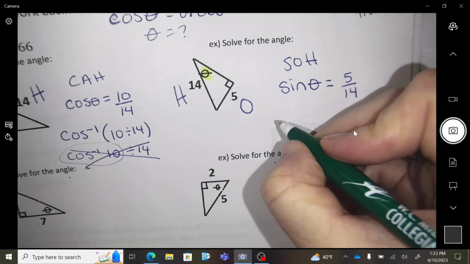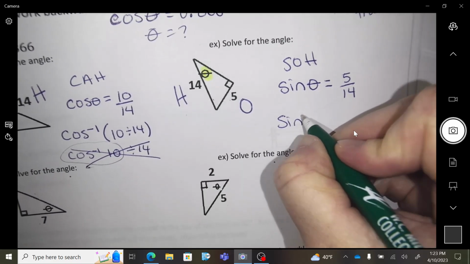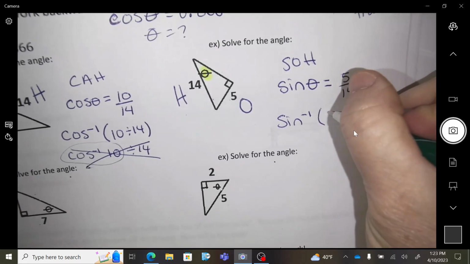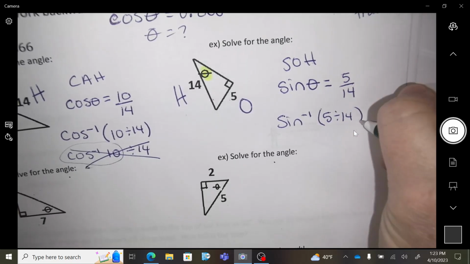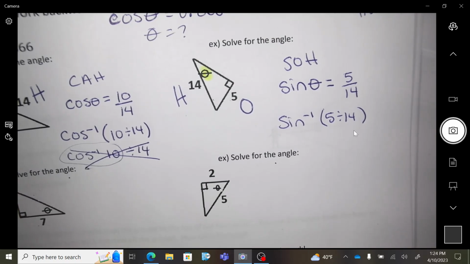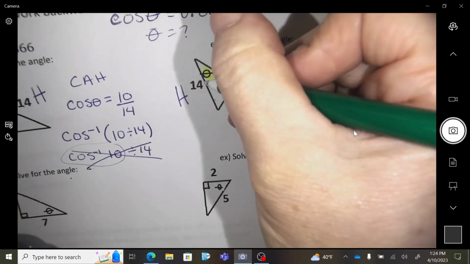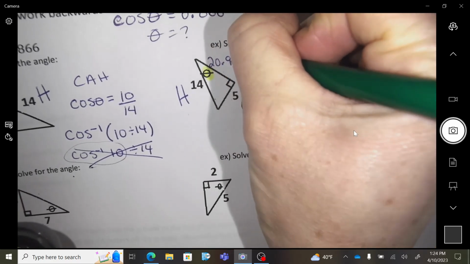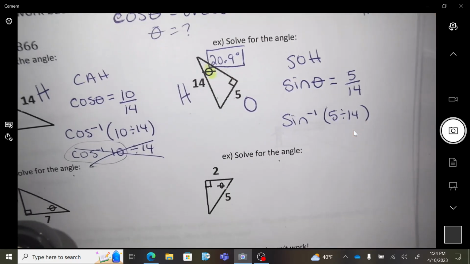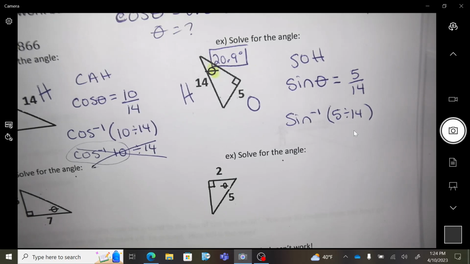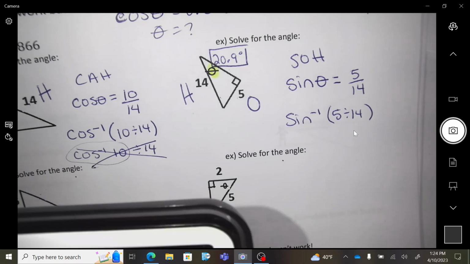Okay, so now if I want an angle, I'm going to inverse, and then I'm also going to put brackets on that value. Okay, and it's also acceptable if you want a different calculator method.